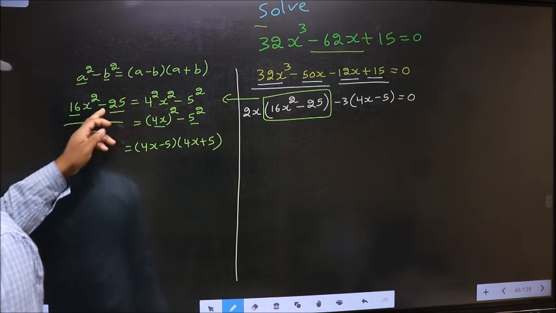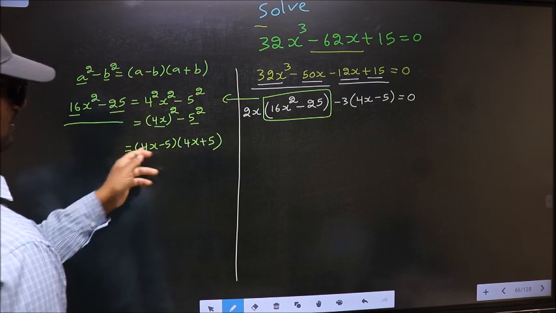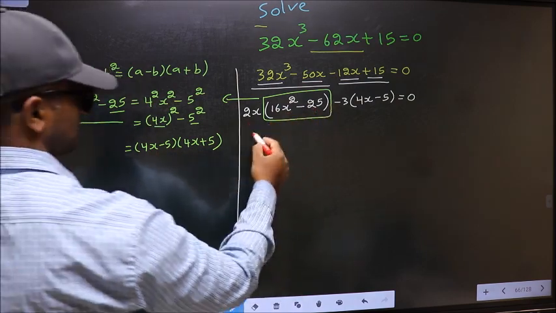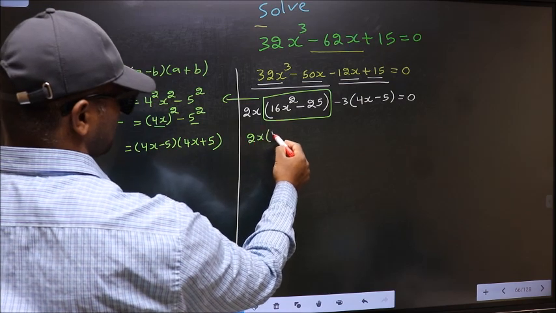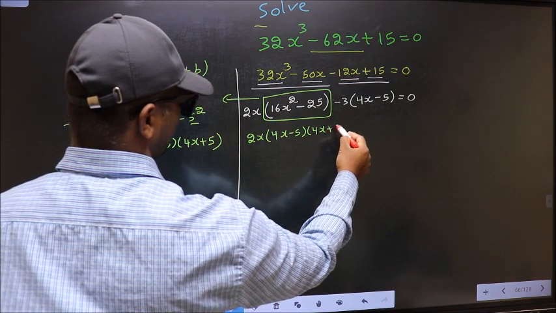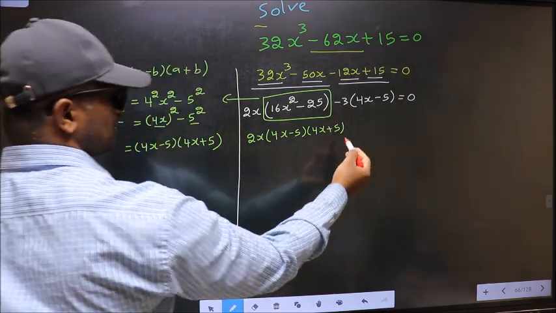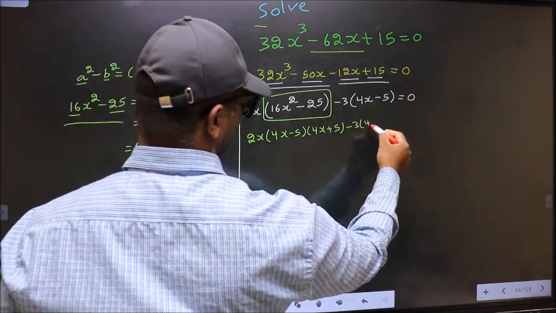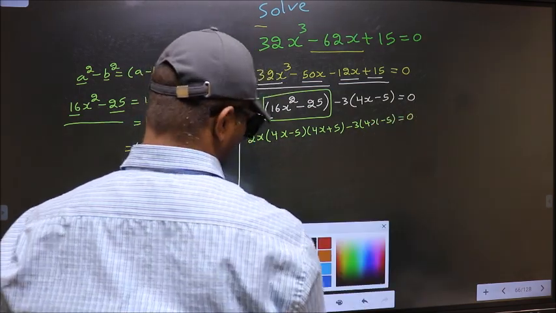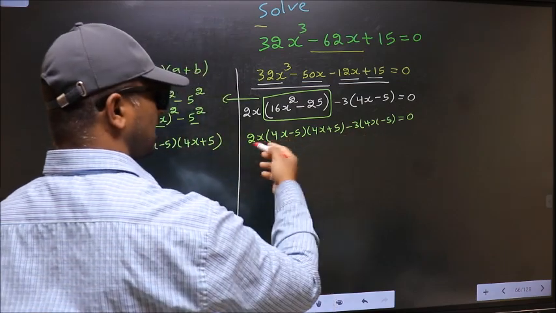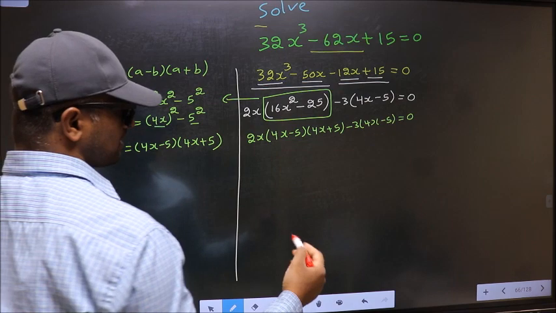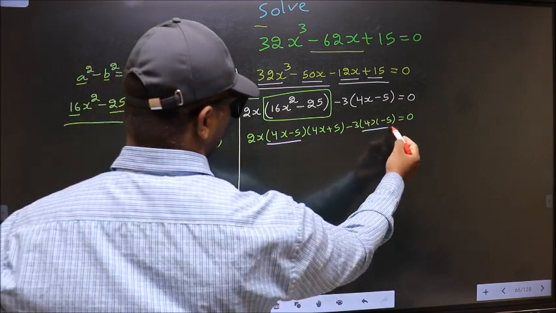In place of this quadratic we write this over here. So this equation becomes 2x times 4x minus 5, 4x plus 5. This no change, equal to 0. Next, from this entire equation, what can be taken out common is 4x minus 5.